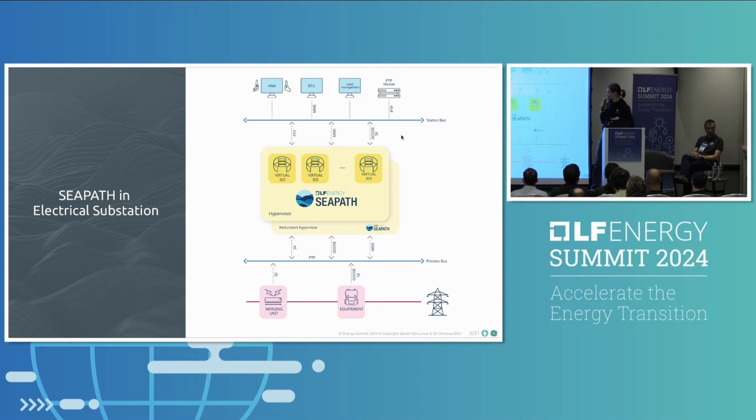The goal of SEAPATH is not to provide the virtual IEDs. It's not to provide any protection algorithm, UI, SCADA, I don't know. The goal of SEAPATH is only to be the operating system, the base on which the virtual machines and the virtual IED will be able to run. It means we provide them what they need: reliability, cybersecurity, resilience, and performance. All those types of things.